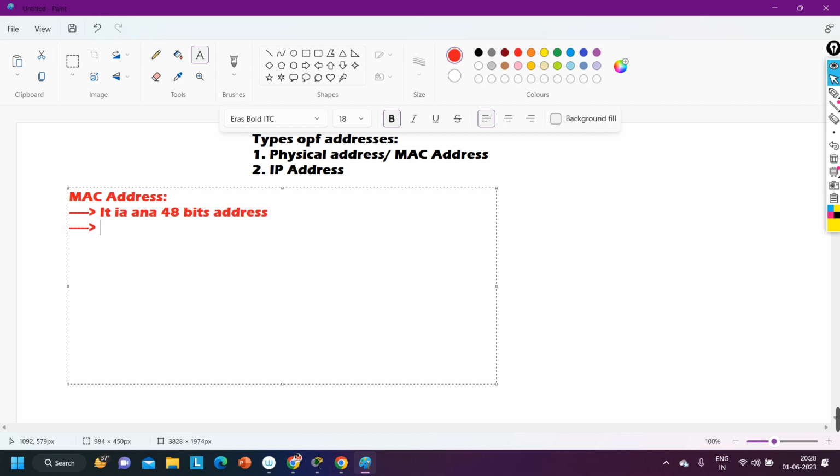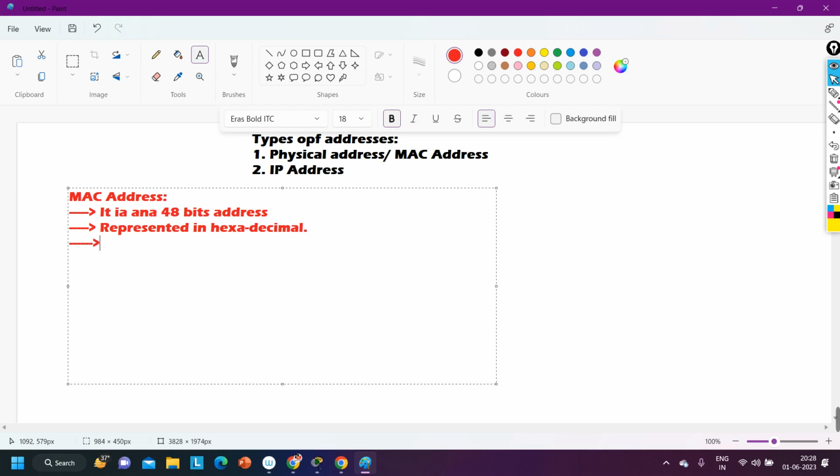Hexadecimal. Yes, we represent it in hexadecimal. To represent one hexadecimal character, how many bits are required? Four bits are required. Very good.